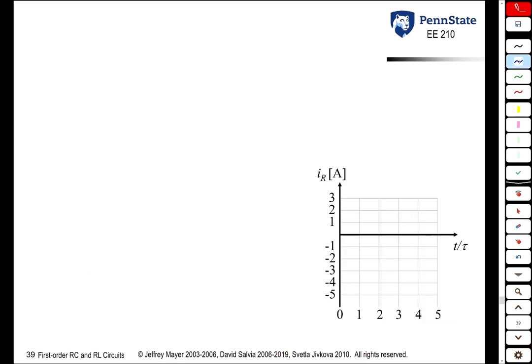Let's see what that actually evaluates to. For t greater than or equal to 0, IR of t is going to be Vc of t minus 80 over 12.